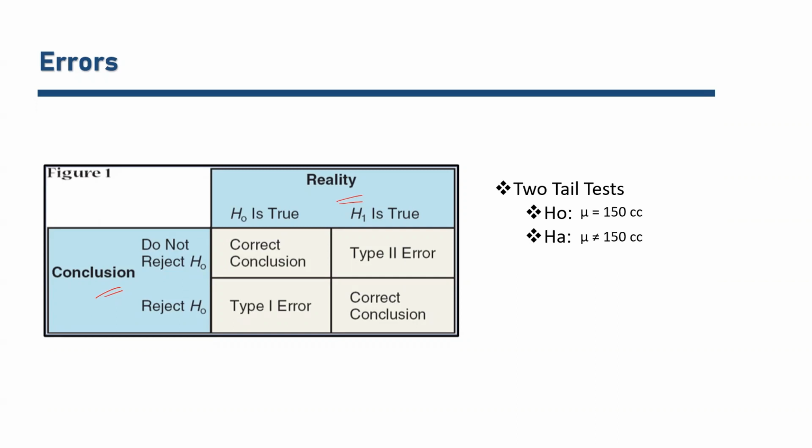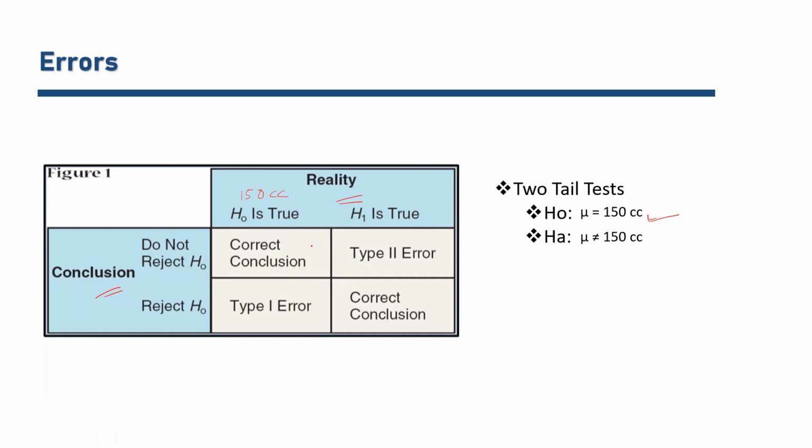So for example, if I take the example of this machine, right? I'm saying that the machine is producing with a mean of 150. This is my assumption. My initial assumption is 150. Okay. So in reality, the H0 is true. Means the machine is in fact producing with 150 cc volume. Right? This is true.